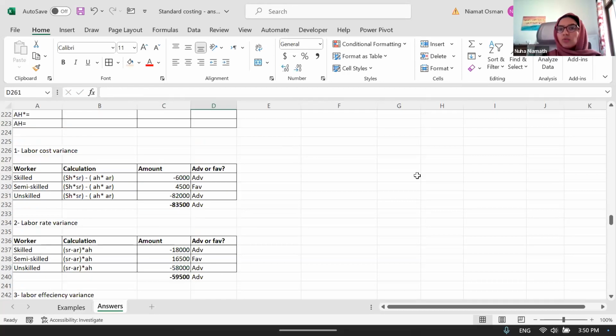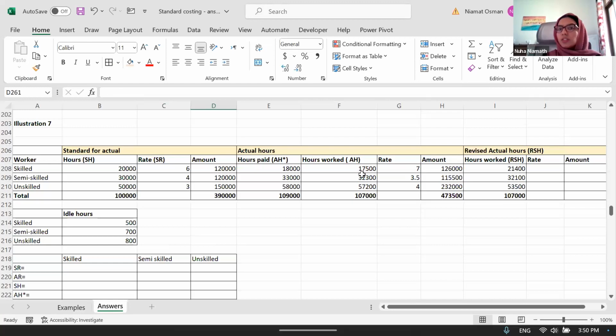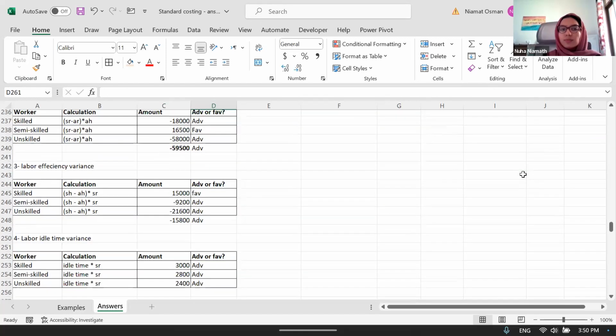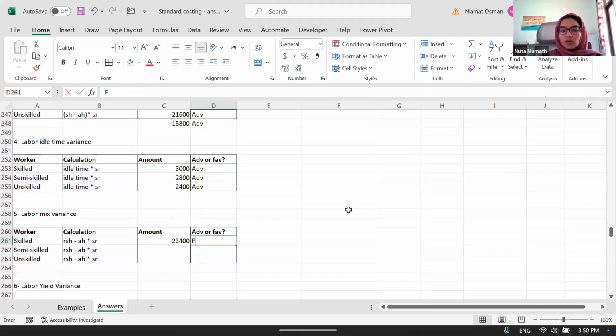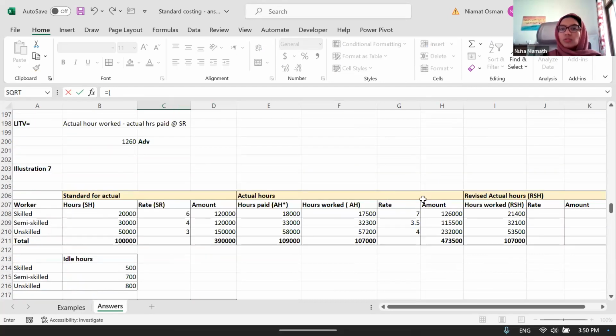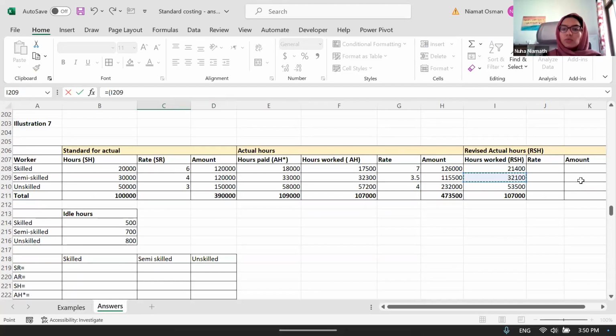So if you go back to see whether it is adverse or favorable, 17,500 we worked, should have worked 21,400. Definitely favorable for us. Correct? Coming to the next one, semi-skilled. Should have worked maybe 32,100, but ended up working 32,300.